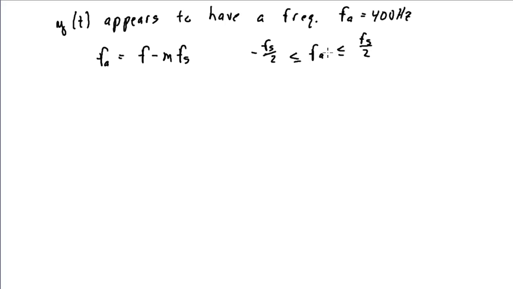So after sampling, all sinusoids will appear to have frequencies in the range between minus 500 hertz and 500 hertz. This is called the fundamental band. And we can find what appears to be the frequency in this band by finding the largest value of m such that Fa falls within this interval.